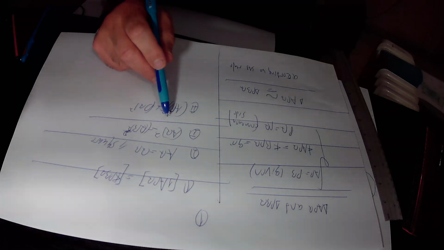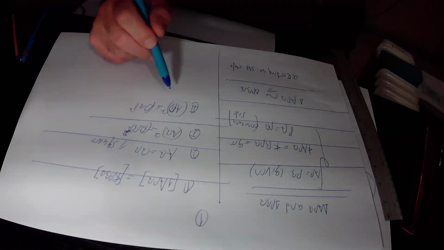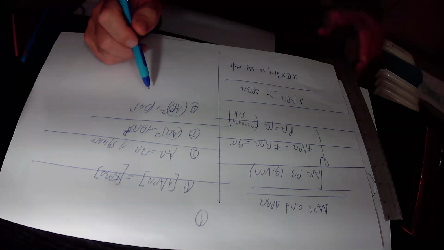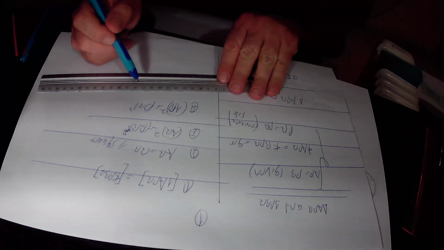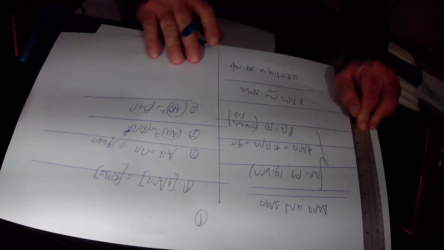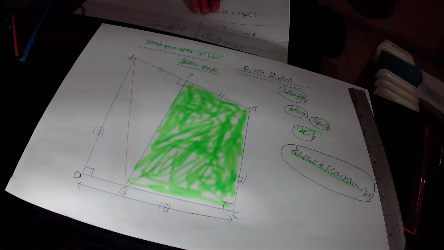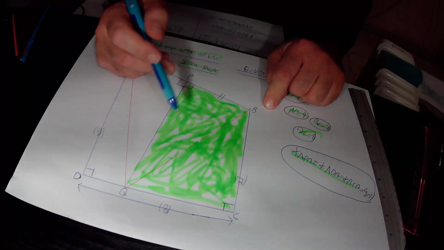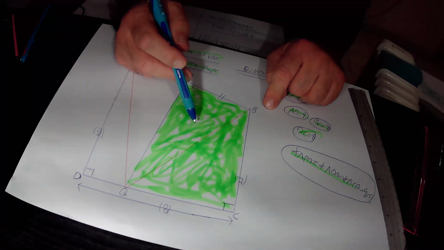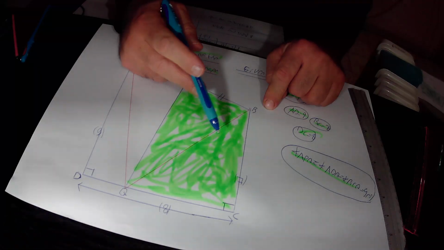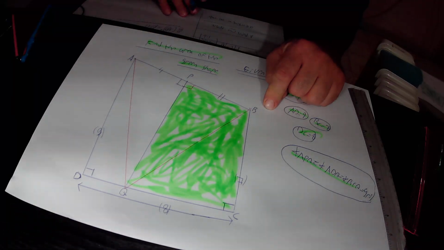Again, we just substitute AQ square by AD square plus DQ square, and it equals QB square. QB is the hypotenuse of this right triangle BCQ, and therefore, according to the Pythagoras theorem, BQ square equals BC square plus CQ square.